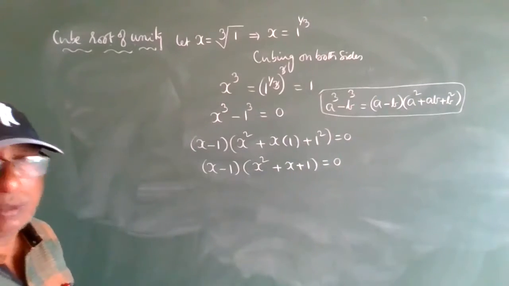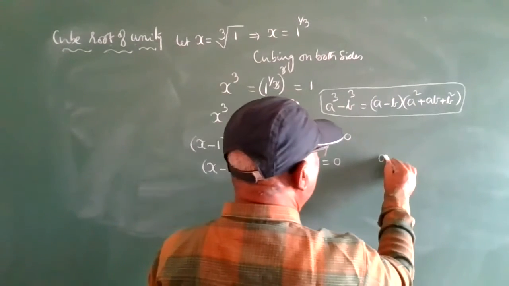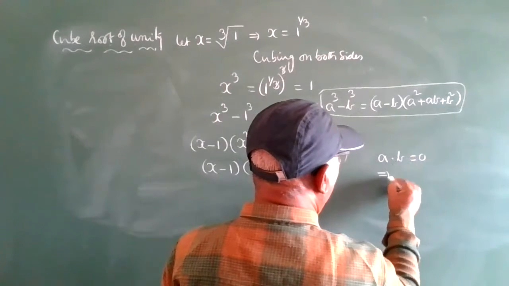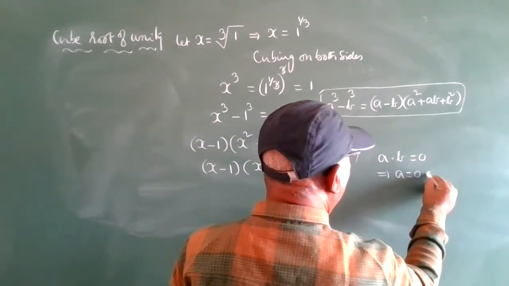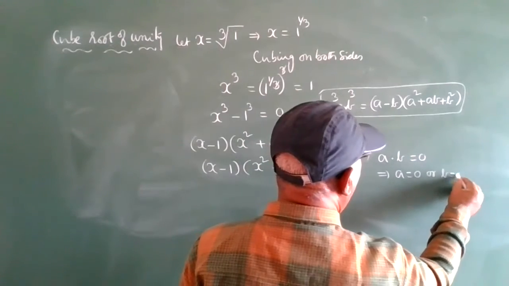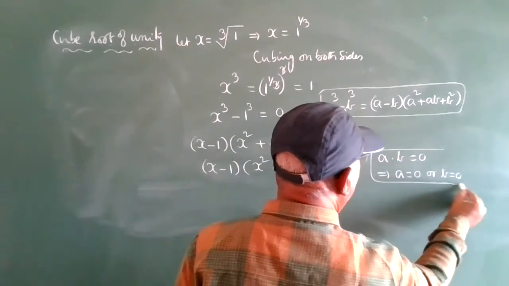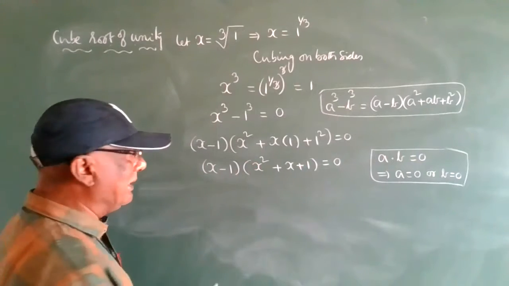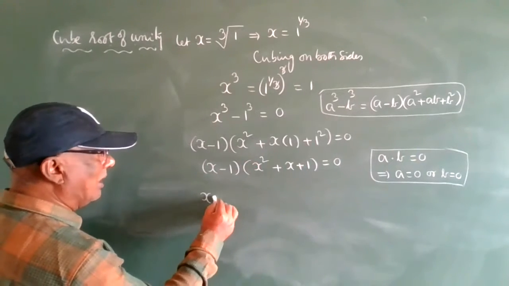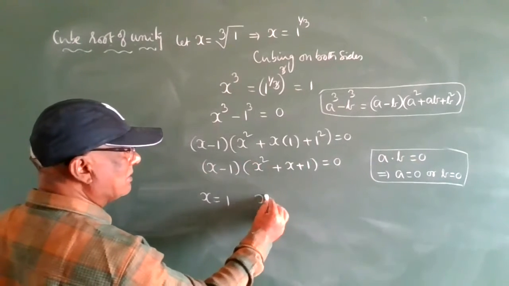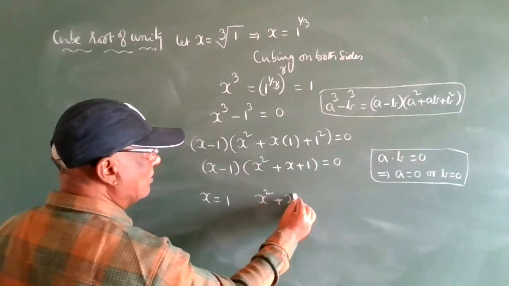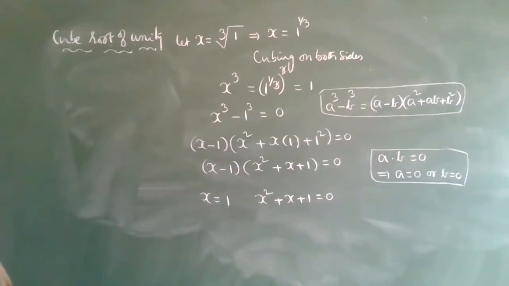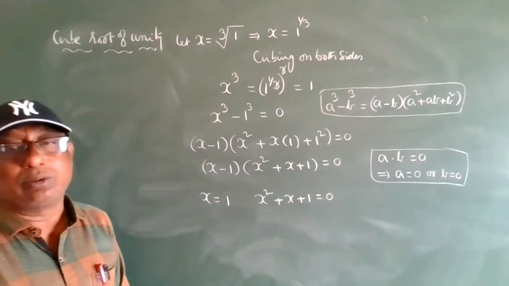Next, already we know that a into b equal to 0 means either a equal to 0 or b equal to 0. Based on this condition, I should write x is equal to 1, or x square plus x plus 1 is equal to 0.